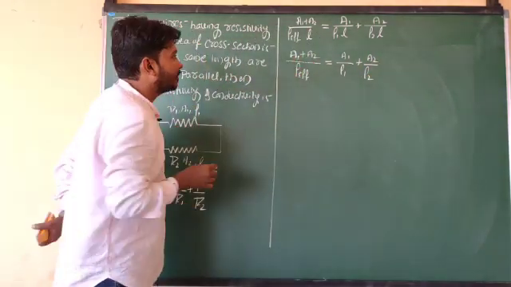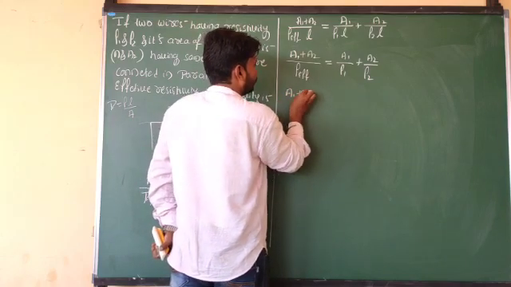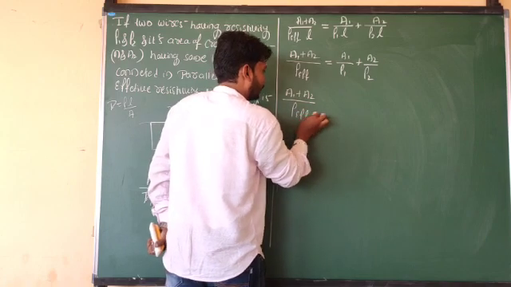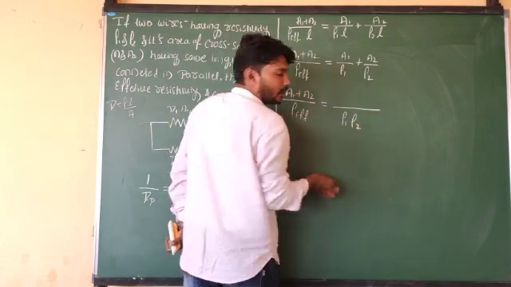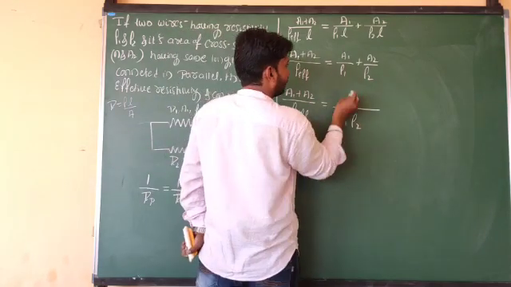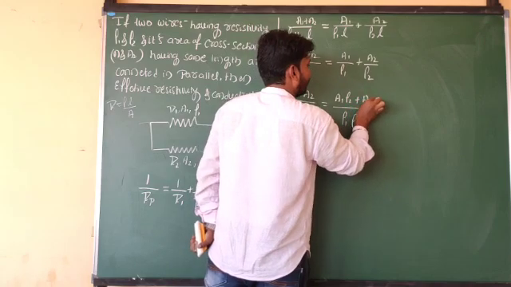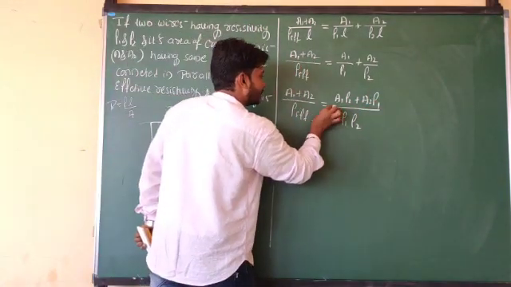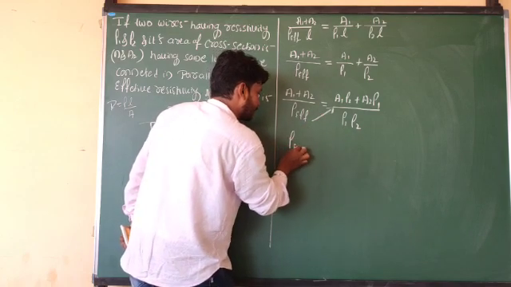So just let me take the LCM here. A1 plus A2 divided by effective resistivity equals, if I take the LCM, A1 into rho 2 plus A2 into rho 1 divided by rho 1 into rho 2 here. So for the effective resistivity formula, make the cross multiplication.